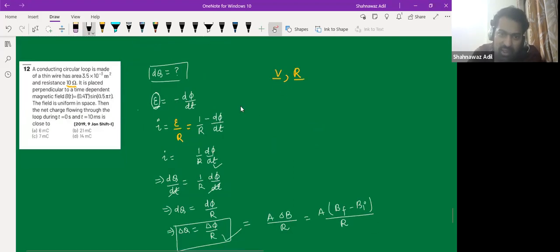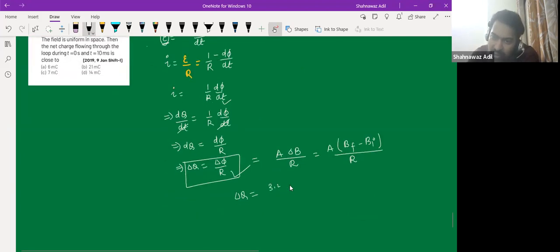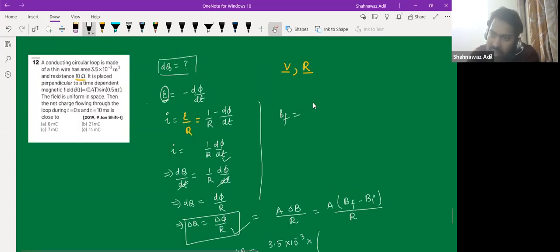Area we calculated. Area is 3.5 times 10 to the power minus 3. And B final, let us calculate B final at 10 milliseconds. So B at 10 milliseconds would be how much? 0.4 sine of 0.5 into 10 pi t. So this is 0.4 sine, and how much is this?